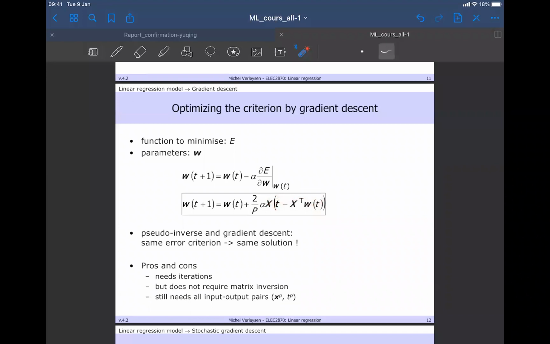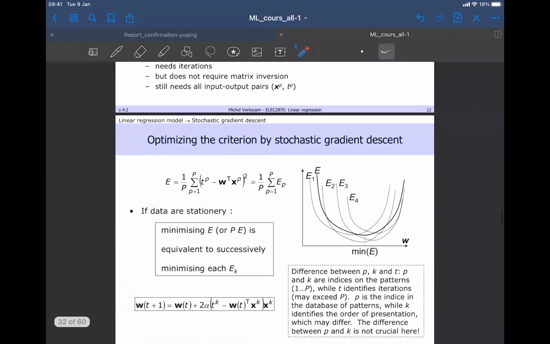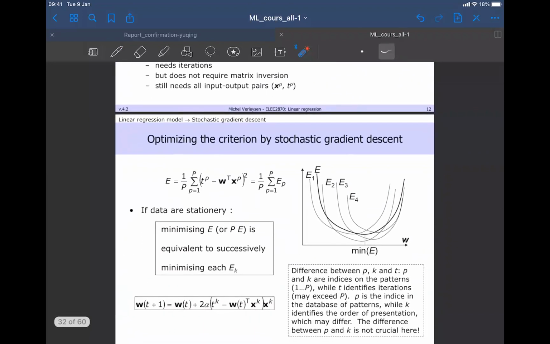Now, one thing you could do is, let's say I don't compute my gradient on all my points, but I compute this only on some points. So instead of having everything, I have only a subsample, or even further, you could compute it on one single point.